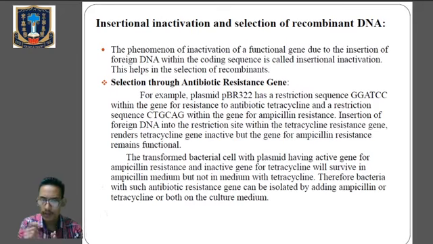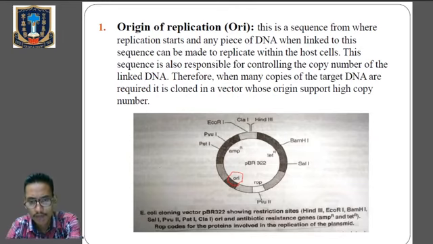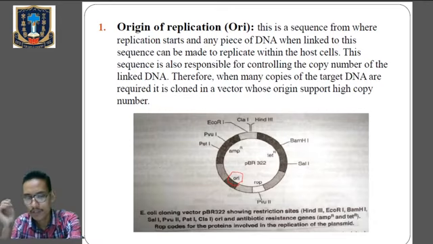If you remember, in the plasmid vector pBR322 we have two sites for antibiotic resistance genes. AmpR means ampicillin and TetR means tetracycline. AmpR means ampicillin resistance gene and TetR means tetracycline resistance gene. So please keep this in your mind.